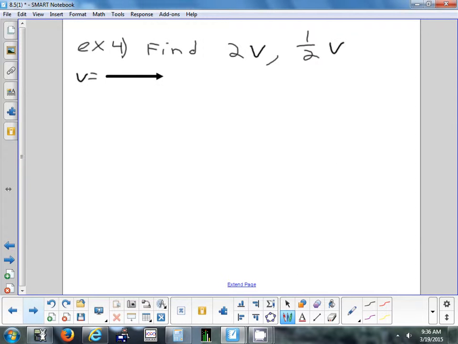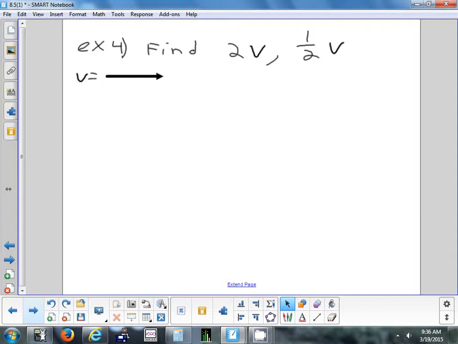All right. So this is an example of what doing a scalar product would look like. 2v, or 1/2 v. We didn't really explain this yet, but just using common sense, what do you think the 2 is going to do to v? Think it's going to lengthen it or shorten it?